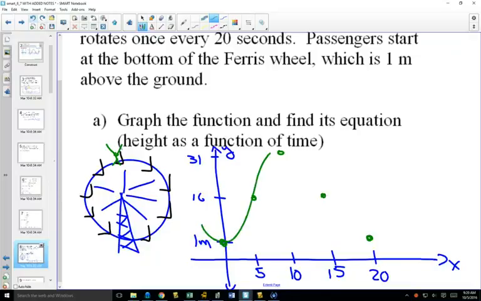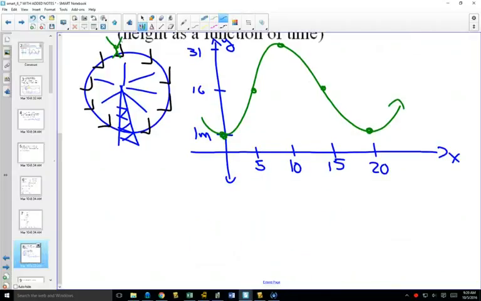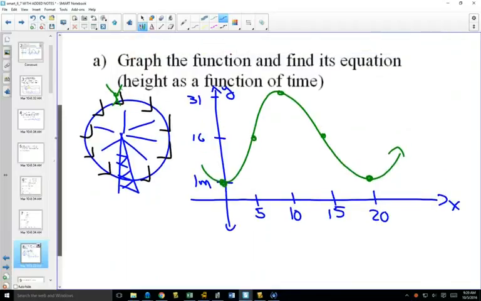And here we have our graph. And as far as labeling our graph, this time not only do we need to put our numbers on our graph, but here we have time. So we can write down here that this is time, and it's time in seconds, so we can write the units that go with this.